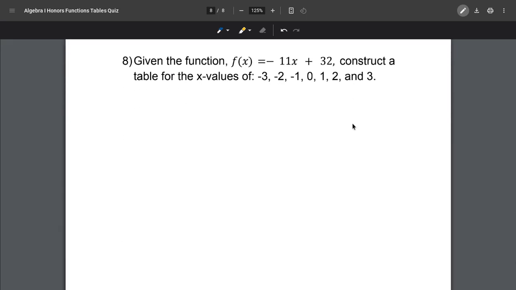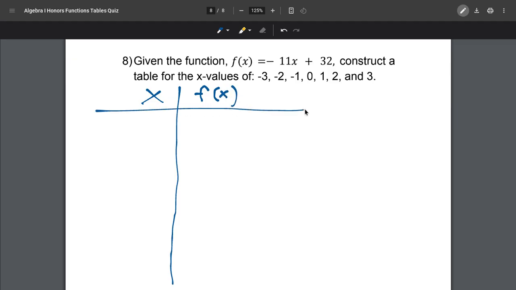All right, next, I think this is the last one actually. Given the function f of x equals negative 11x plus 32, construct a table of x values for negative 3 through positive 3. All right, so let's do our x and our f of x. We have negative 3, negative 2, negative 1, 0, 1, 2, and 3.